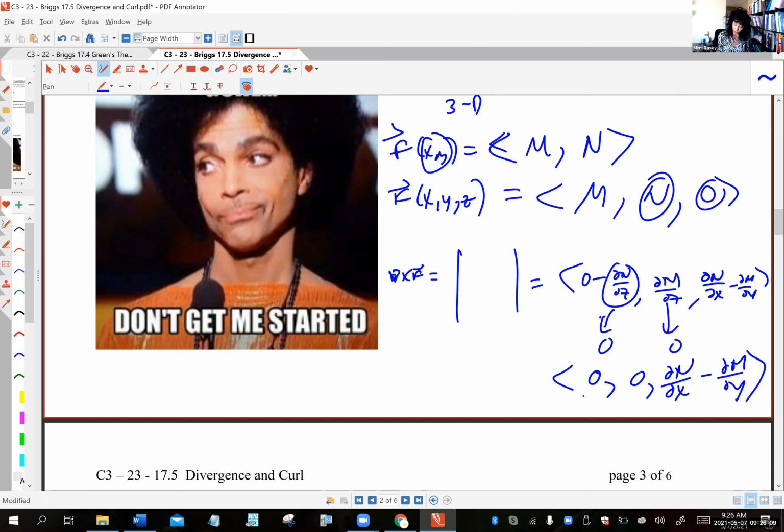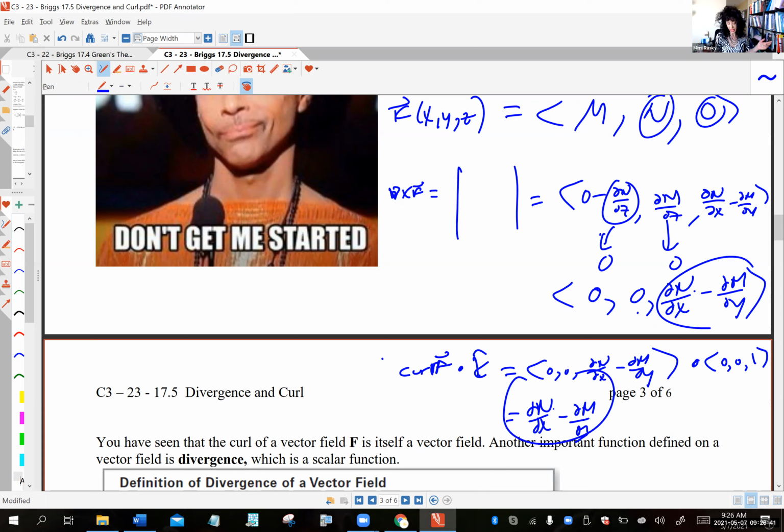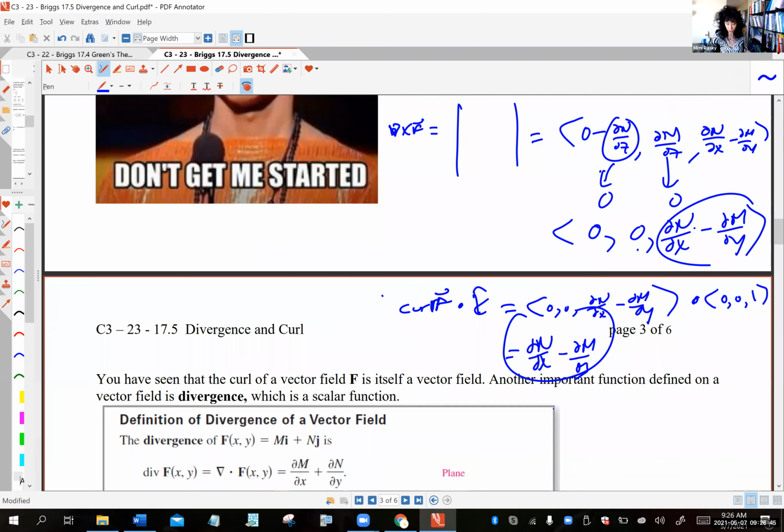Well, if you did take the dot product of this curl, this right here is the curl of F, with k hat, so you'd get 0, 0, dN/dx minus dM/dy, dot product with 0, 0, 1, that's k hat, you would just get dN/dx minus dM/dy. That's it. And a lot of times books will say that's considered the curl of the 2D vector field. Okay, if you want to go there.